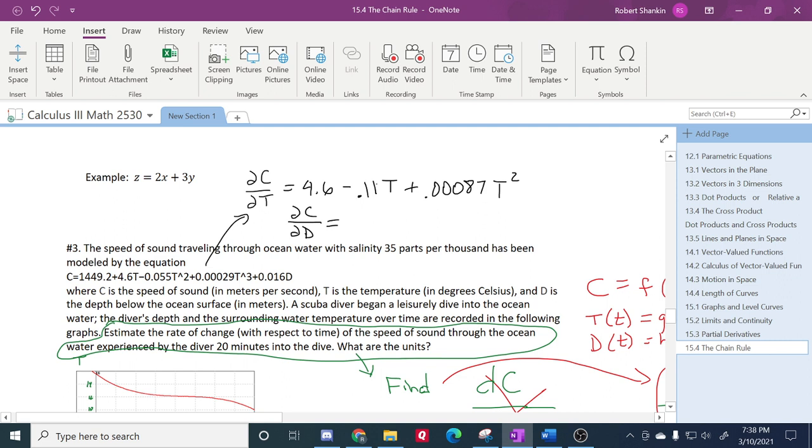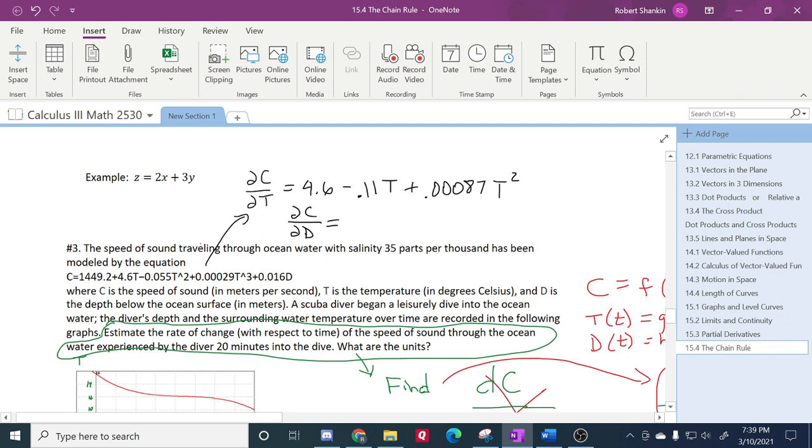Are you sure we just drop it off? Because d is its own thing, and we're looking at the partial with respect to t. Shouldn't it just be added on to the rest? No, it's 4.6, because it's treated as a constant, so it just goes to 0. You can look at it this way: how does each part change when the temperature increases by 1?